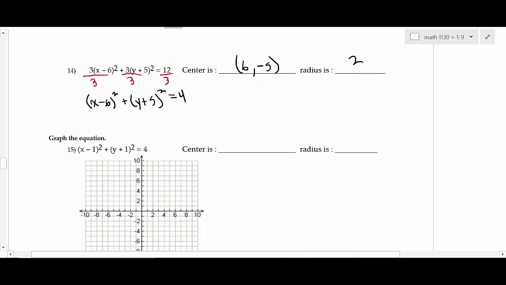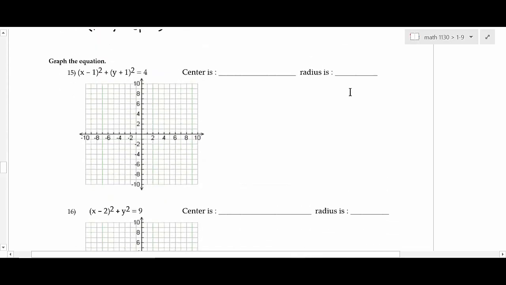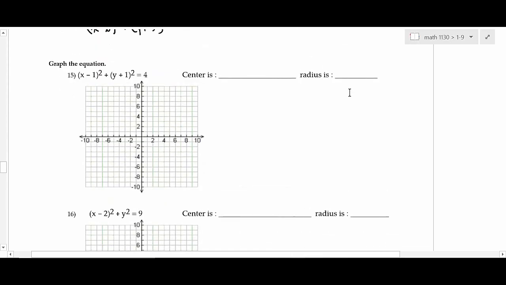Once you catch on to how those signs go, it's pretty easy to do. All right, now we're going to do a little bit of graphing. So that wraps up the activities to get you comfortable with the standard form of the circle. So this one, we're just going to graph. What would the center be on number 15? 1, negative 1, and what would the radius be? 2, okay?